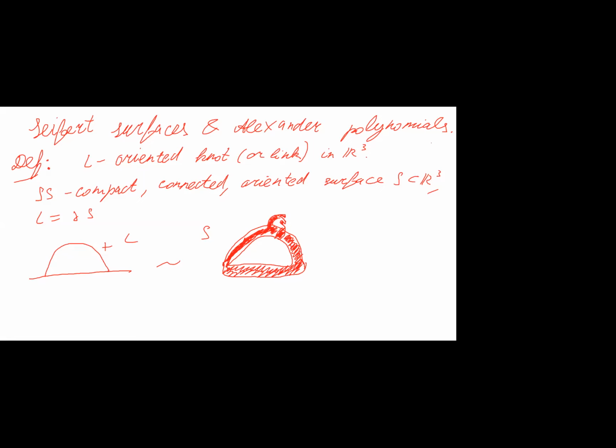So the sign is plus here. So these 2 lines are on the top, and if the sign was minus here, we would have something like this. So this is minus.